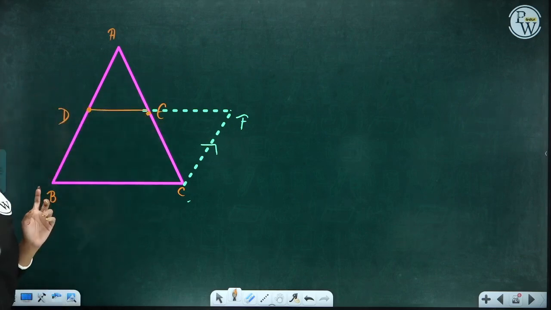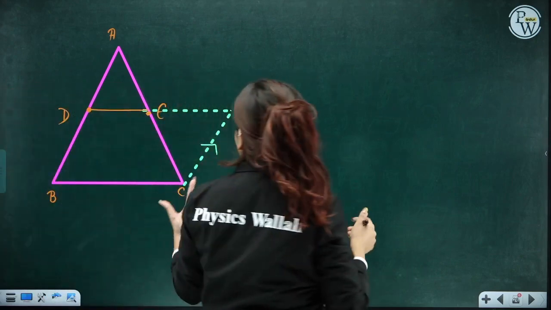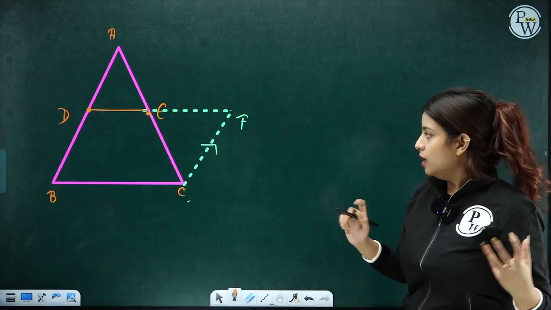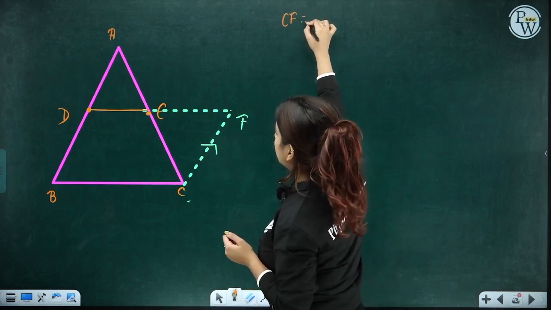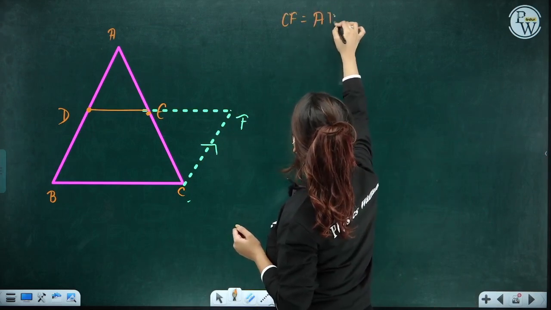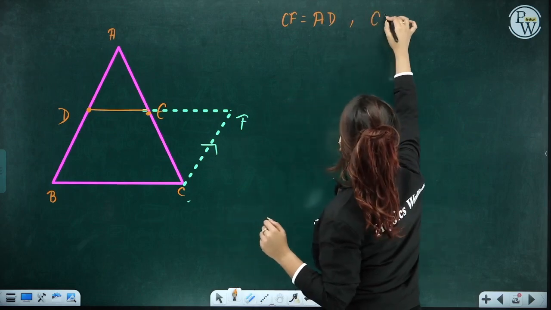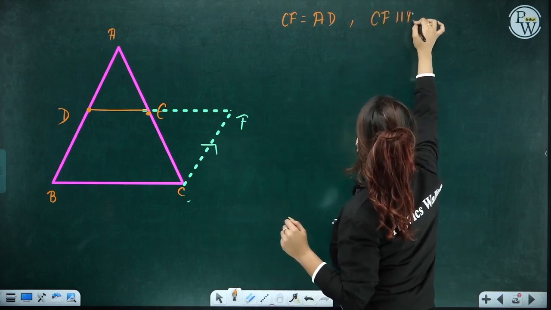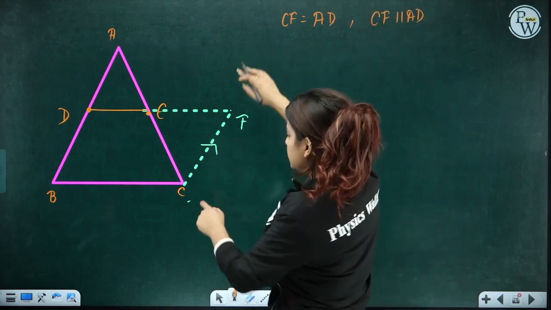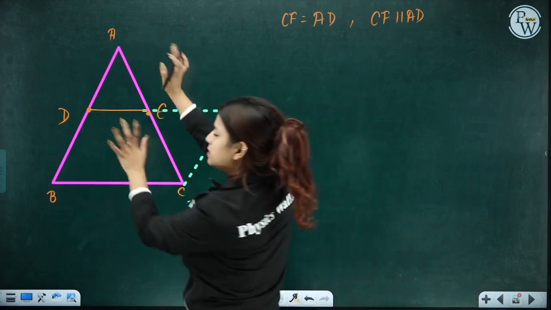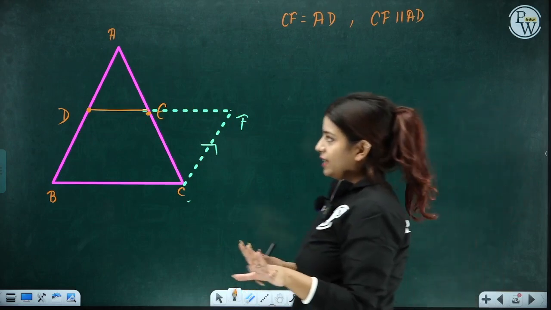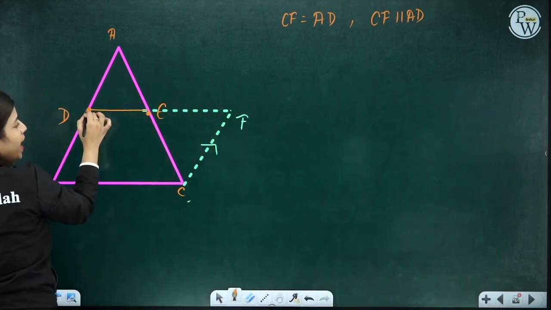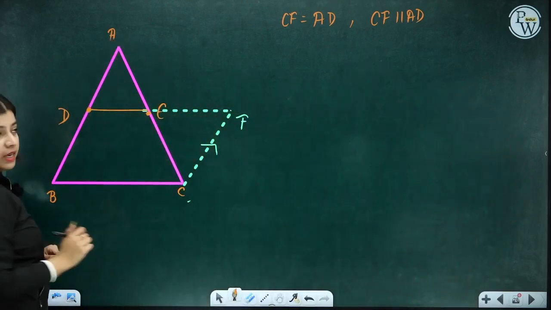All right. So what is the next part now? We have proved that CF is equal to AD. We also know that CF is parallel to AD. Why? Because CF is parallel to AB, so CF will be parallel to AD. This is very common. We know that D is the midpoint of AB, students.